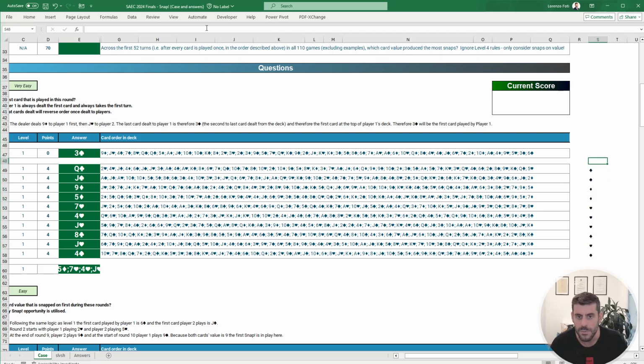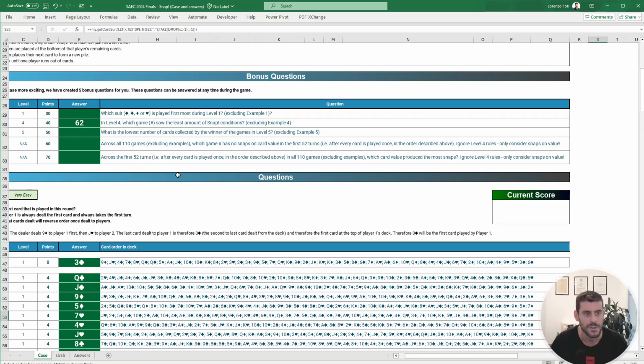That should be the suit. So hearts 3 times, 4 times, so it should be hearts.